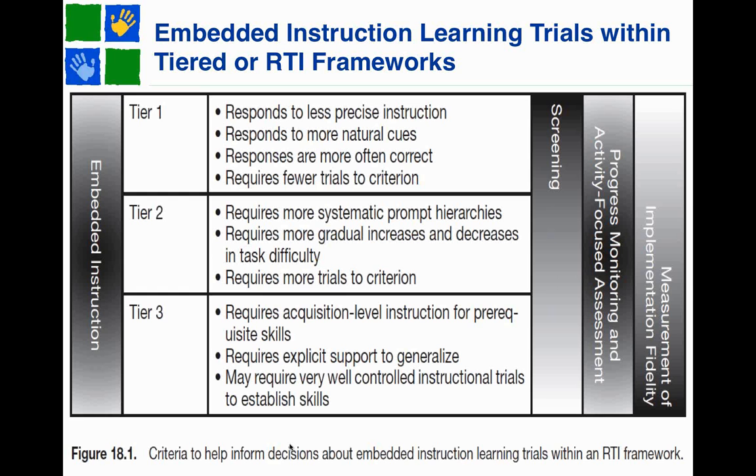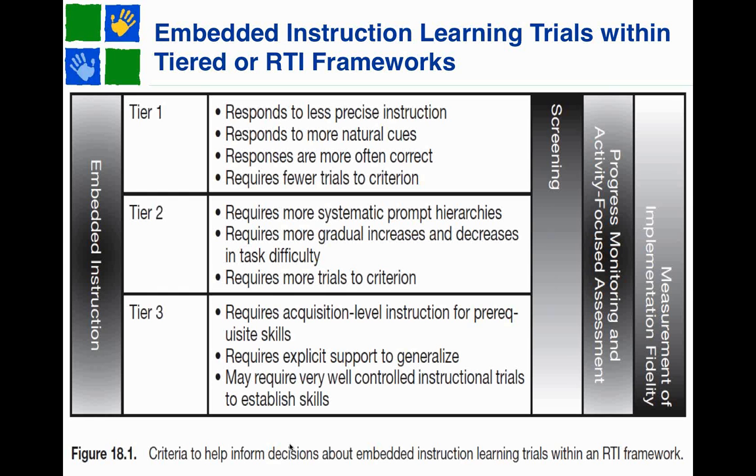That helps us identify the type, the specificity, and the intensity of the instruction that we need to optimize fit. And these are some decision criteria that might be helpful to think about with respect to whether or not the instruction is a good fit in the context of an RTI framework.